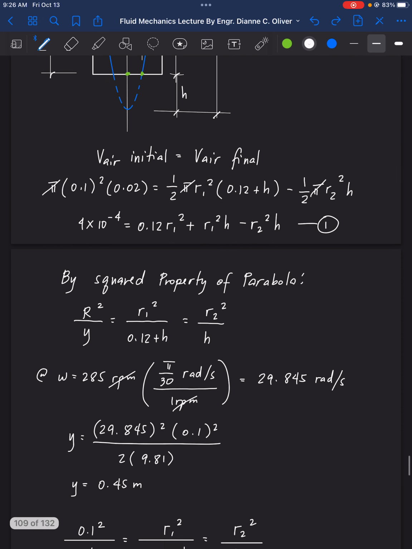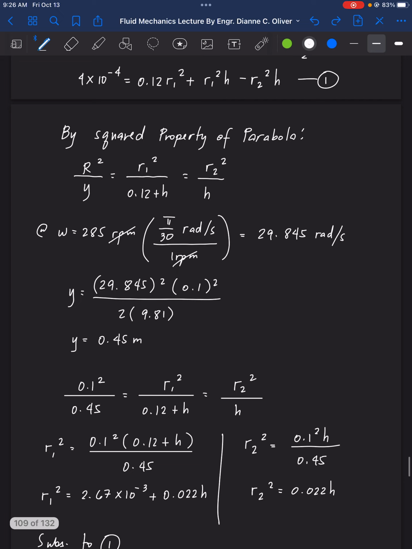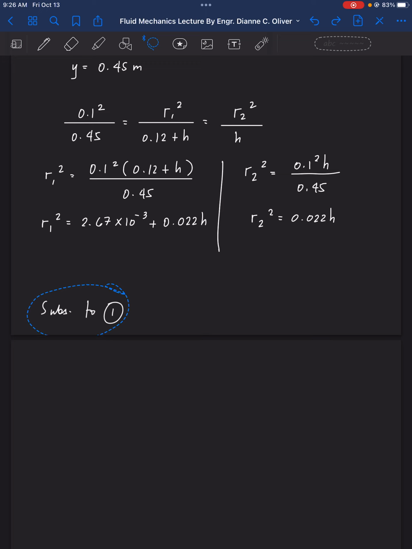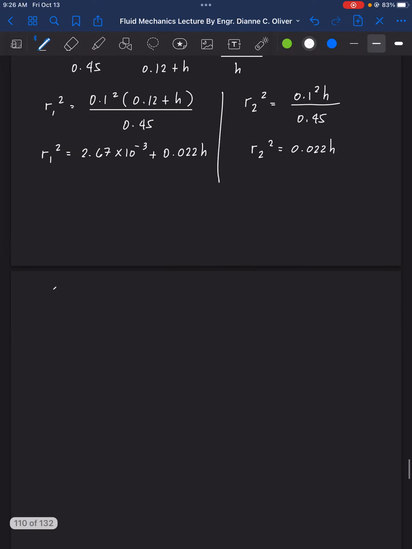So we will substitute all this to this equation. Substitute 1.